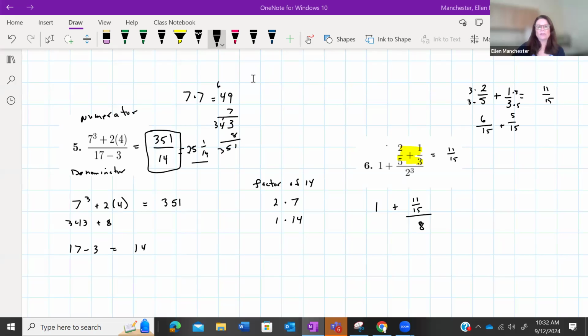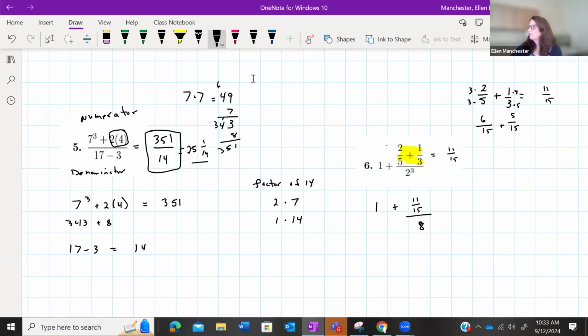Because, oh, I see what you're asking here. So you here is asking, it's a good question. For this part right here on number 5, the 2 times 4, why did we do +8 instead of +2 and then that answer times 4? Can anyone give an answer to that?